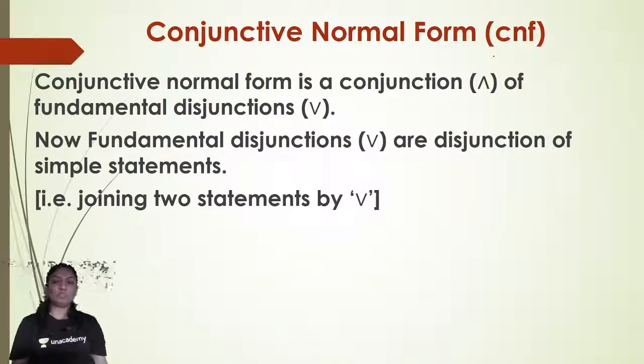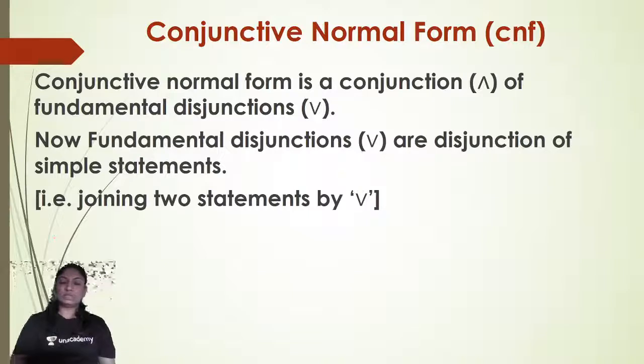There are 2 types of normal forms. First is conjunctive normal form and second is disjunctive normal form. First we will see conjunctive normal form. What do you mean by conjunctive normal form? Conjunctive normal form is a conjunction of fundamental disjunctions. Fundamental disjunctions are disjunctions of simple statements, joining 2 statements by or.